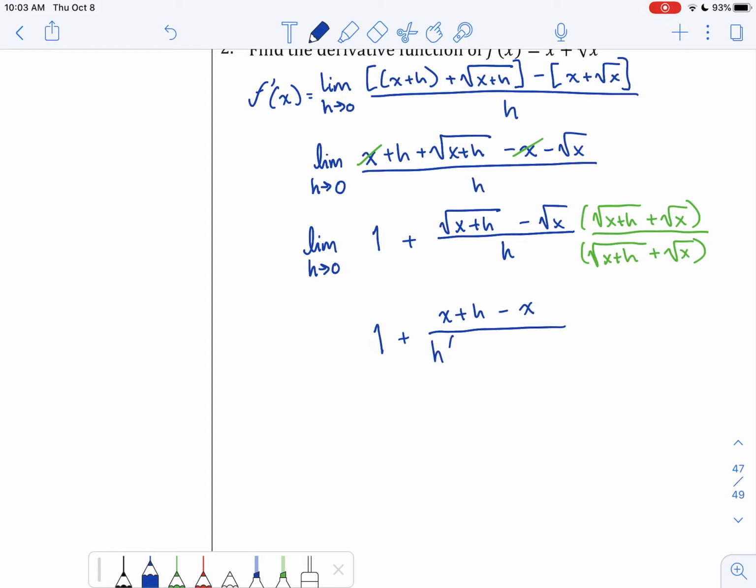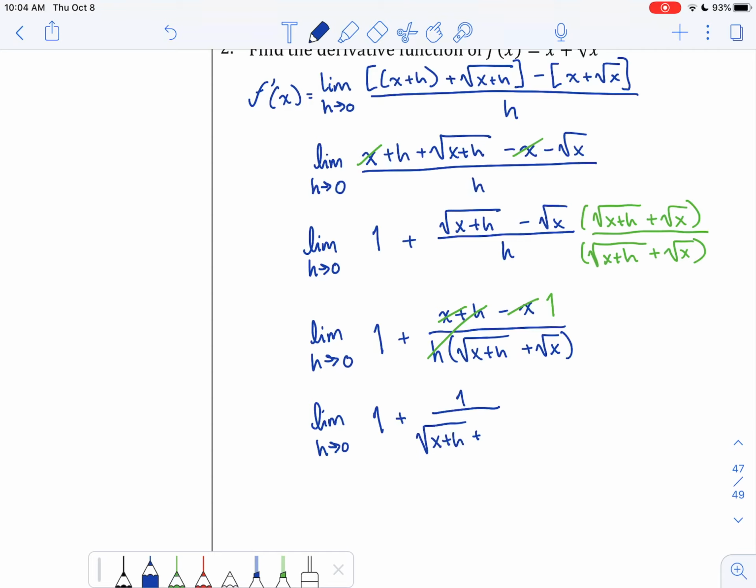And I'll leave this as h times root x plus h plus root x. Now our simplifying, the x's cancel out, as do the h's, leaving just 1 in the numerator as our limit as h approaches 0. So we end up with limit as h approaches 0 of 1 plus 1 over root x plus h plus root x.